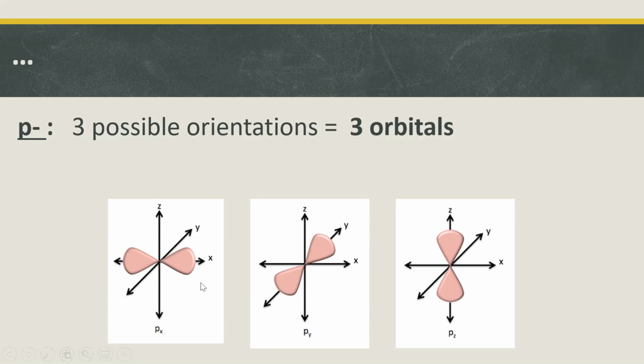You can have this orientation, which is horizontal on the x-axis. You can have this orientation, which is vertical on the y-axis. And I know these are numbered or labeled differently, just pretend this is y. And then you can also have this jutting out towards you diagonally from the screen. That would be z. So horizontal, vertical, and coming out of the screen. p has 3. s has 1. p has 3.